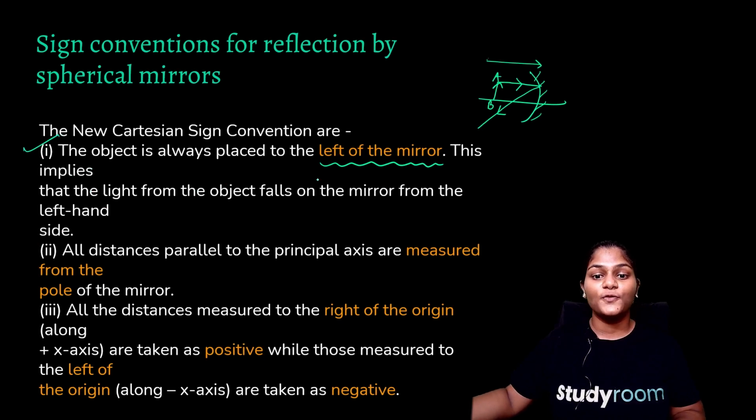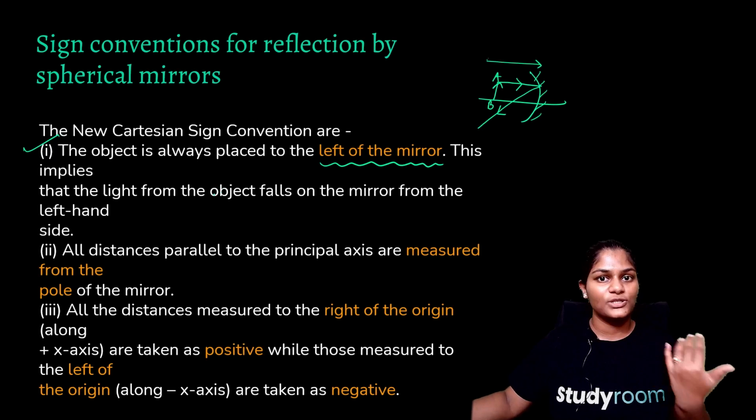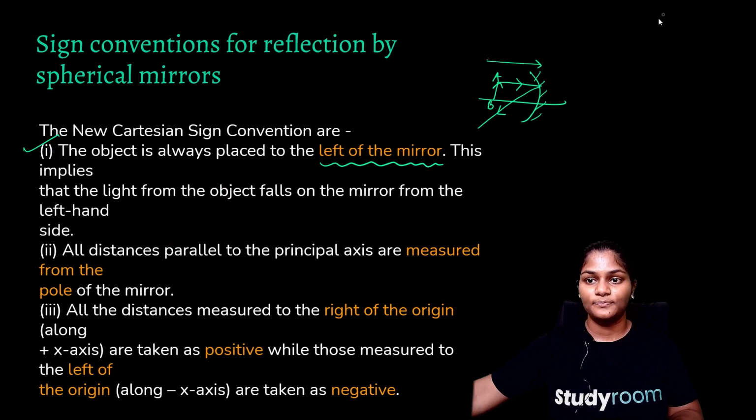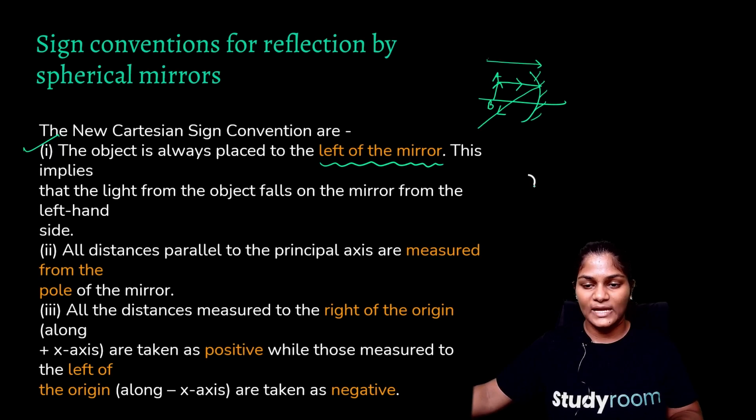And the light falls from the left hand side because the object is on the left hand side. Then, all distances parallel to the principal axis are measured from the pole of the mirror. What does it mean when we say all distances parallel to the principal axis?